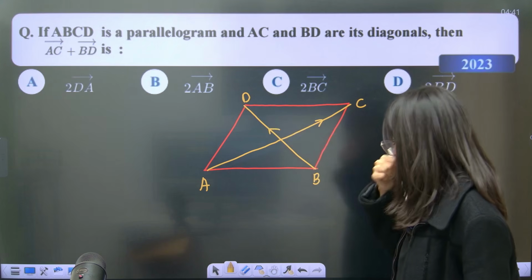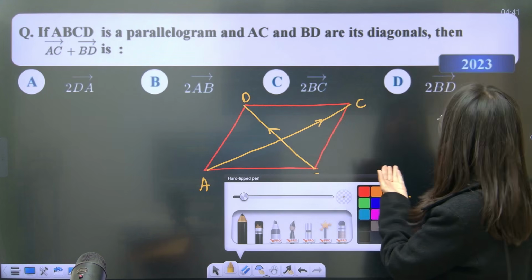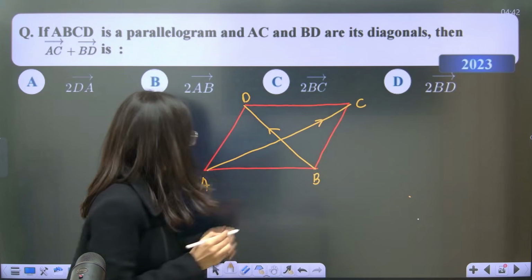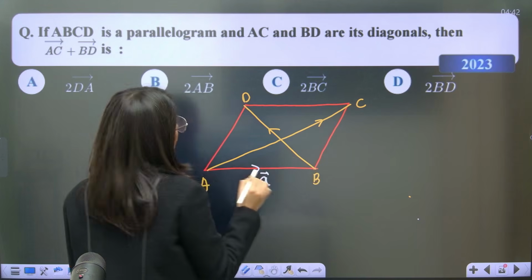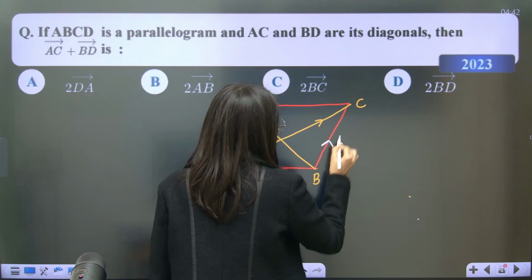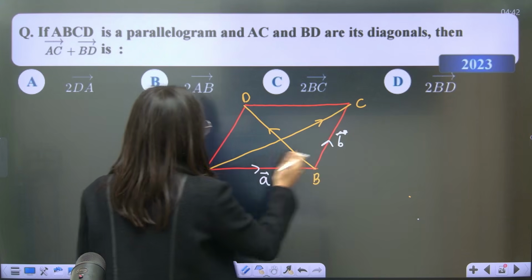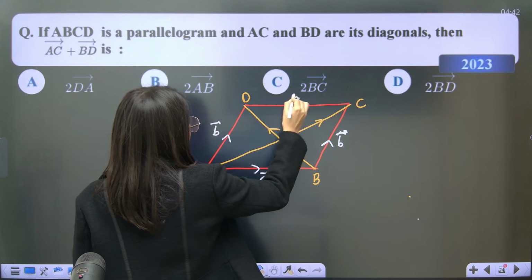Okay, hold on. Now what we are going to do is they are talking about in terms of AB or BD, whatever. Okay. So can I say AB vector as A and BC vector as B? If this is your A, this is your B, this will also be your B and this will also be your A. Okay.